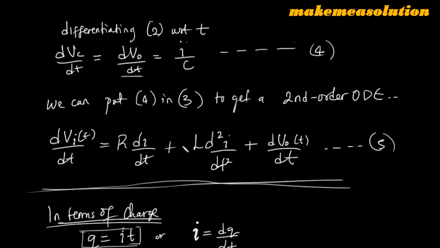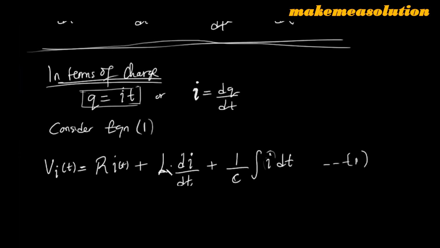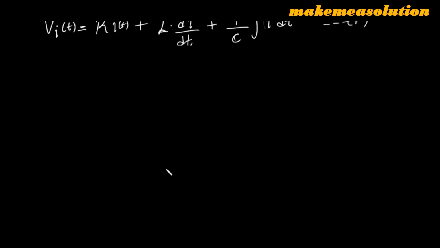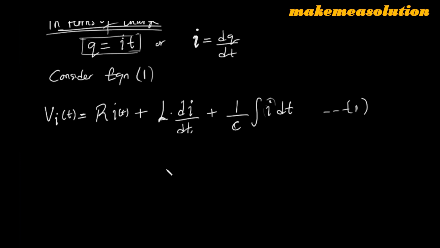So we want to look at another case. Someone else might solve his own using charge. So if you're using charge, you consider equation 1, and you have to consider that I is dq dt.